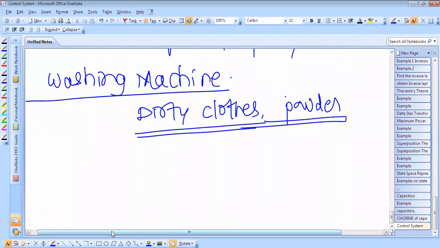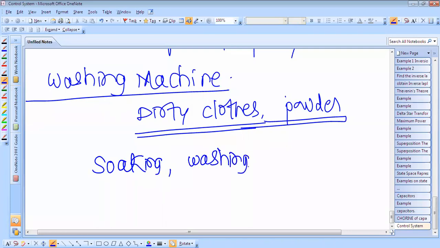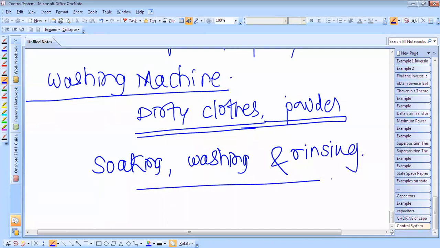What are the operations of the machine? It may be soaking, then washing, and after it is washed, rinsing, and after that your clothes will be clean.